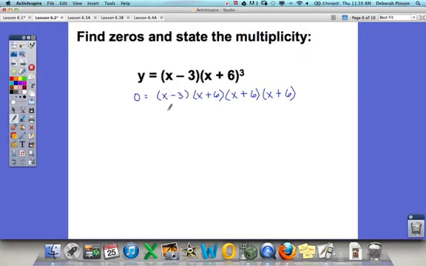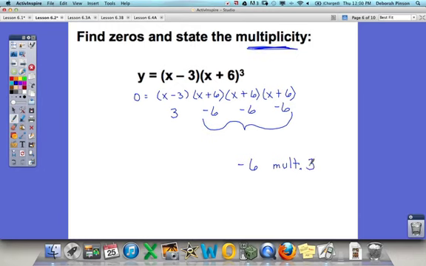So when I set these equal to 0 and solve, here are my answers. 3, -6, -6, -6. Now, to write that -6 repeats 3 times, you don't have to write it out 3 times. You can just say that the -6 has multiplicity, I put the word up here, multiplicity of 3.